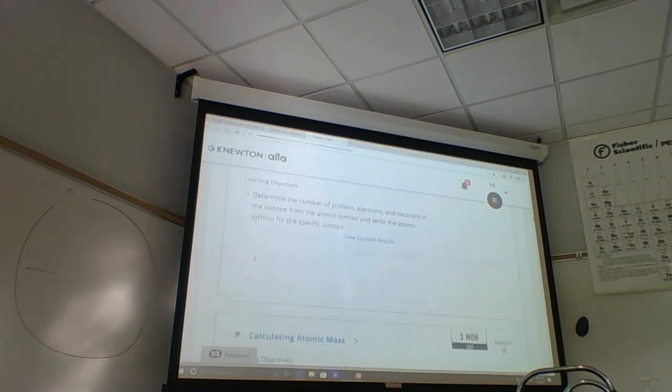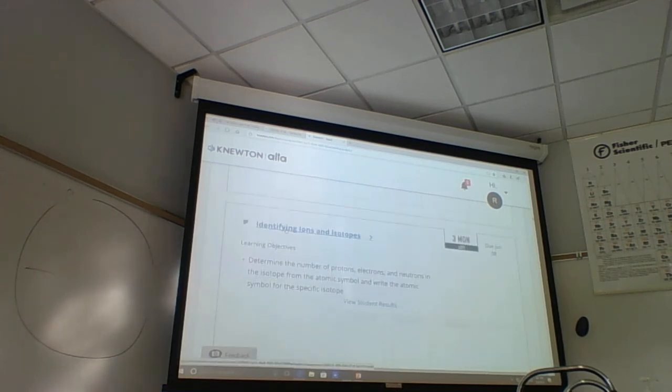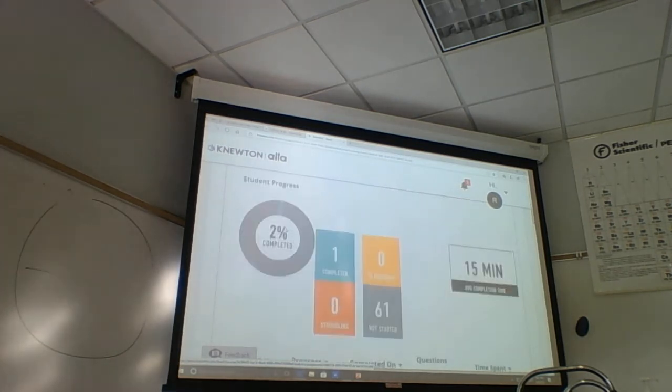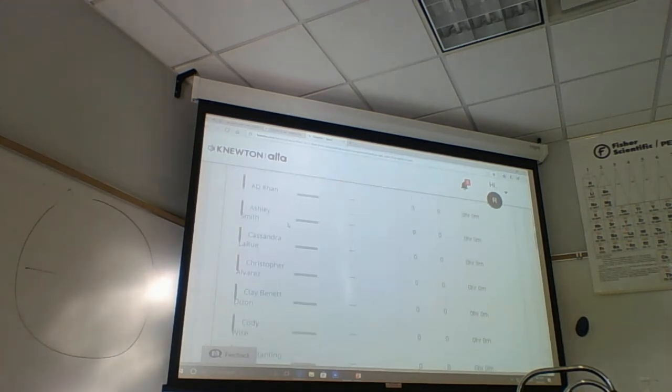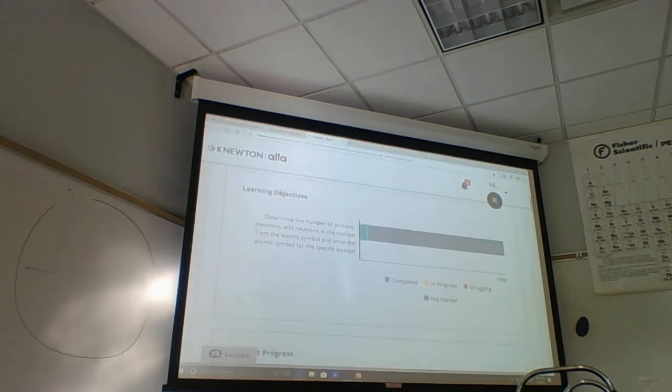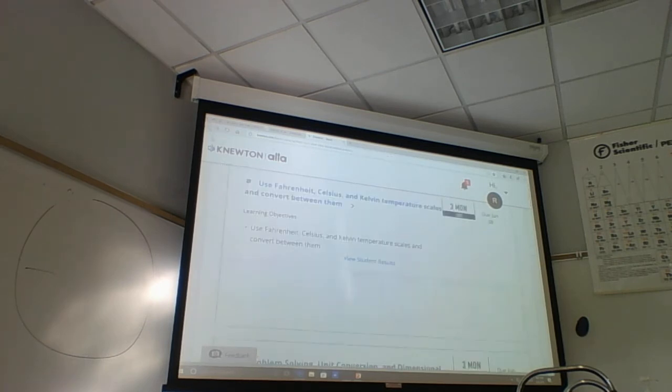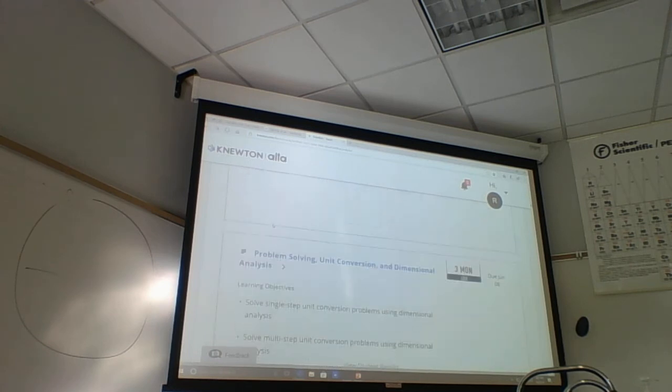Calculating atomic mass. This is chapter 5. Identifying ions and isotopes. Let's see what this one is. Ions and isotopes is more chapter 6.